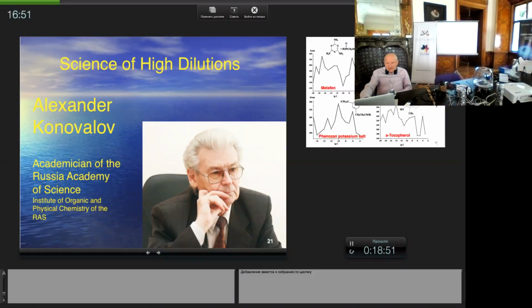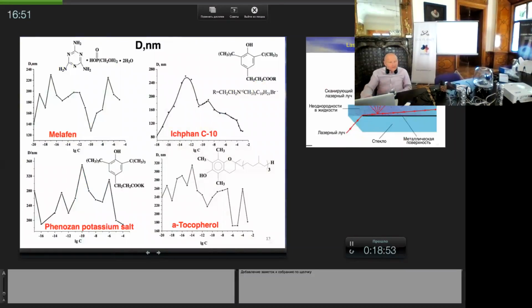They've been studying many substances, and they found that most substances have very high activity at high dilutions. So you see in this graph, those are 4 different substances, just examples. This is the stage of dilution: 8, 10, 12, 14, 16, and 20. So it's practically close to the Avogadro number.